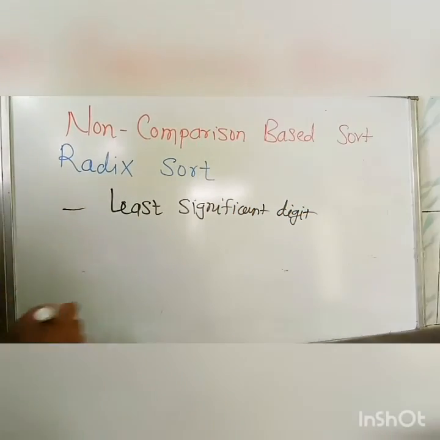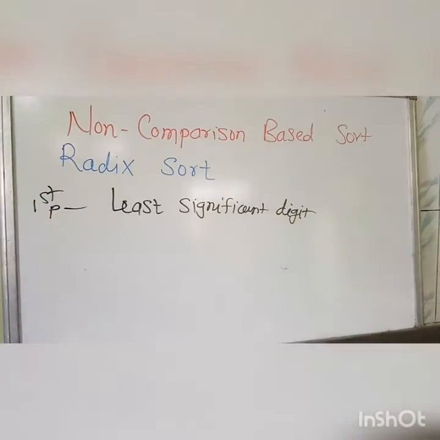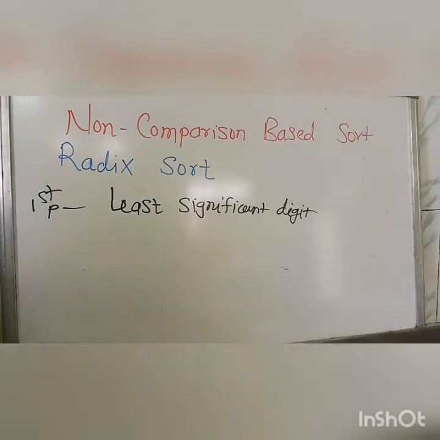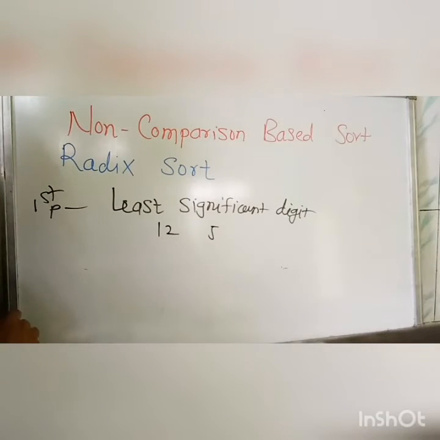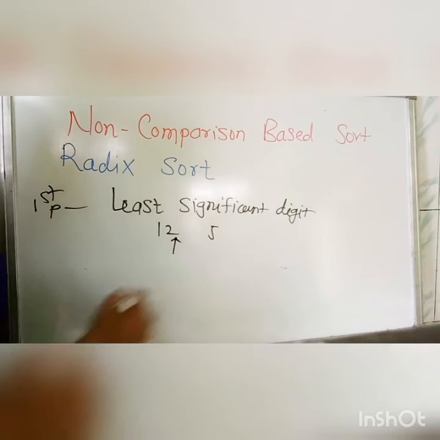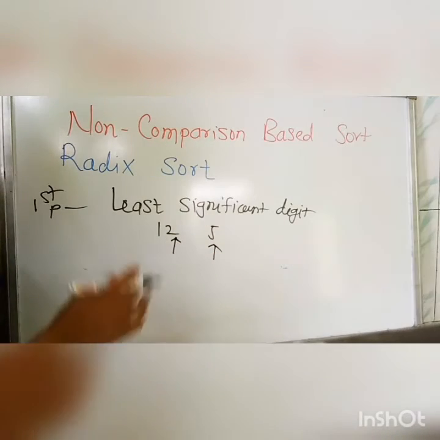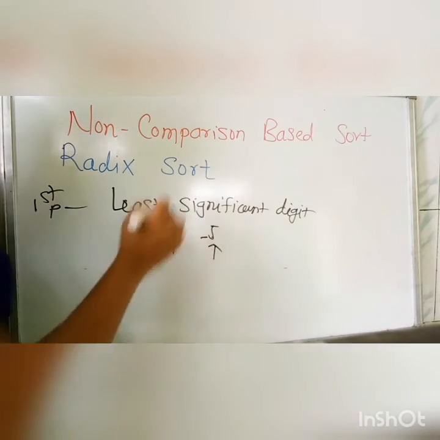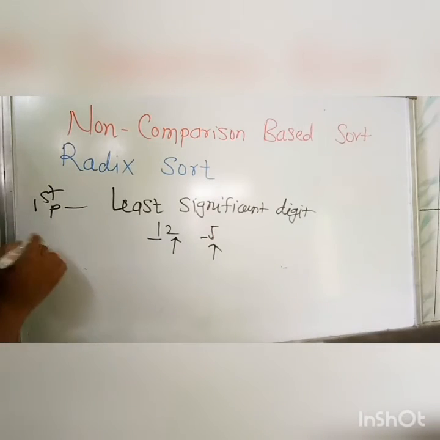What is the least significant digit? Suppose these are the 2 numbers. What is the least significant digit for these numbers? For 12 it is 2. For 5 it is 5, because it does not have any further digits and this is the last digit. So in the first pass it will require the least significant digit.